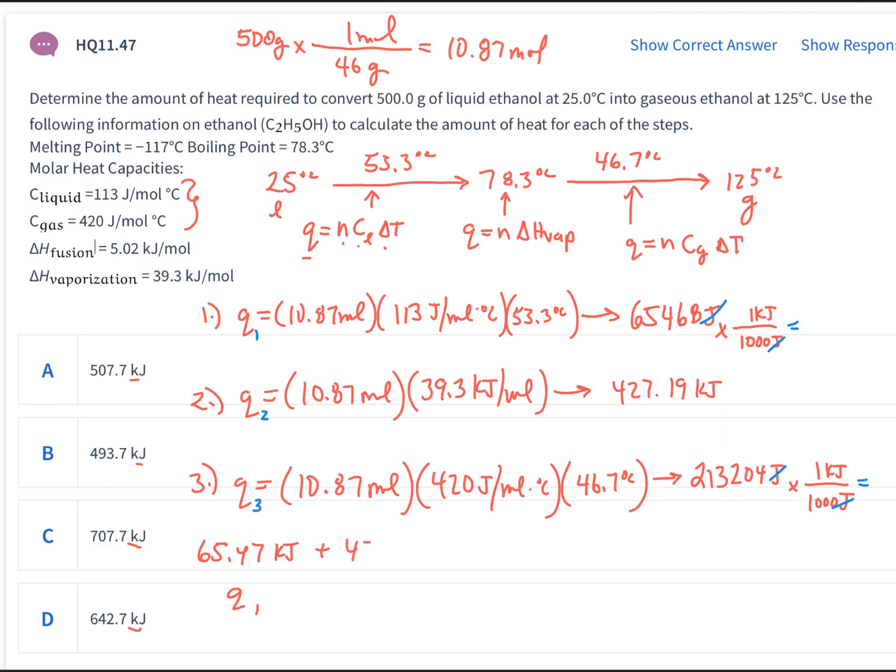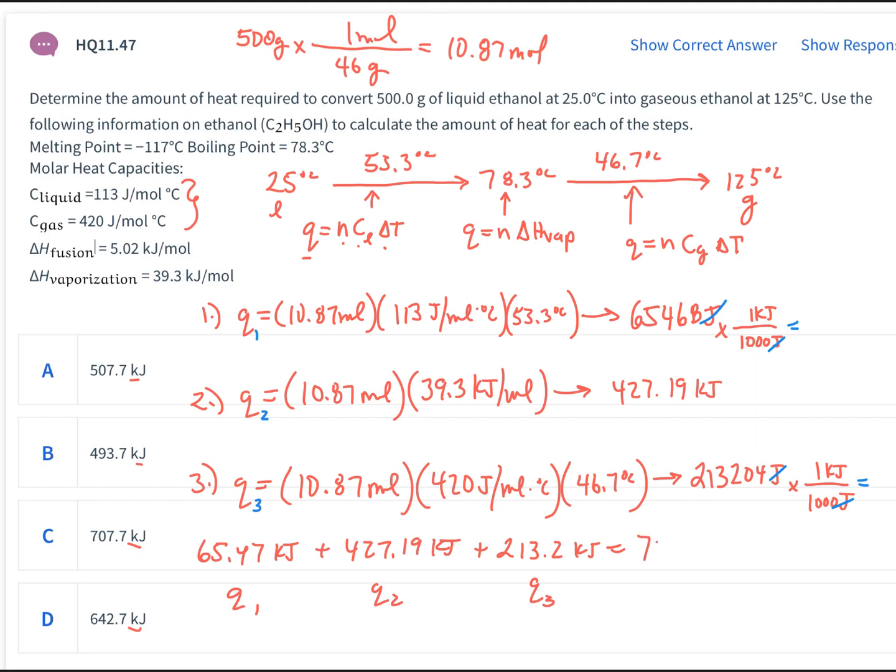Step 2 is 427.19 kilojoules for Q2, and Q3 is approximately 213.2 kilojoules for Q3. Add all three of those together, and I get approximately 705 kilojoules.